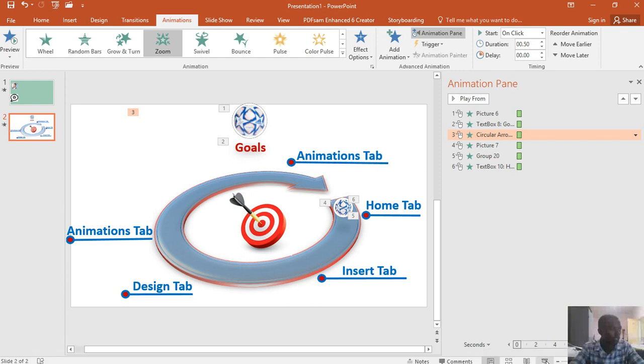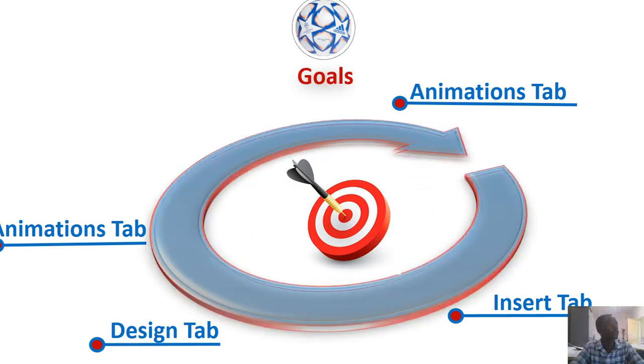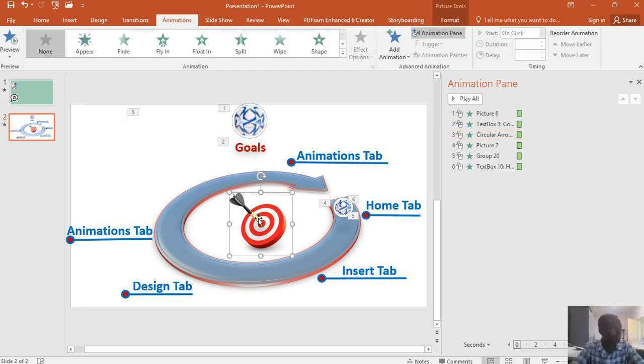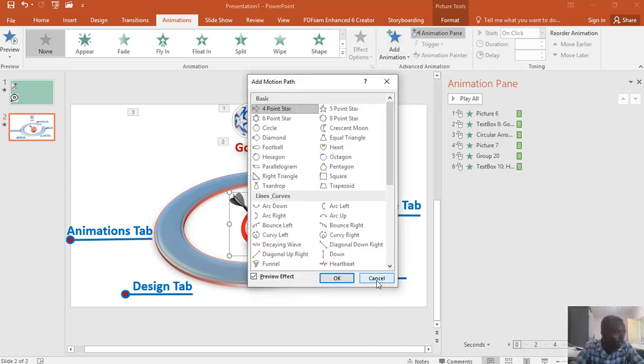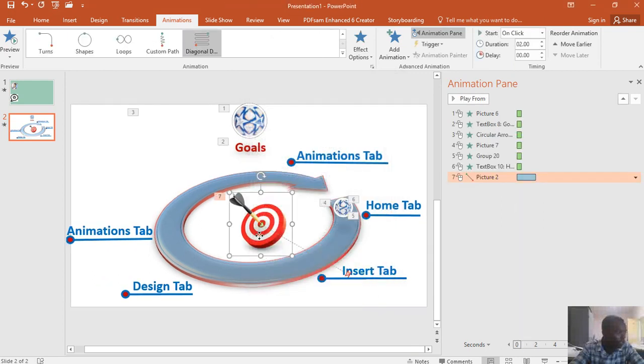So what happens is this. Okay, we have our ball, and then goals, then the picture comes in, and then after the picture we are supposed to have this image coming in. So this image is coming in with a motion where it's coming from somewhere. So it's coming from where?